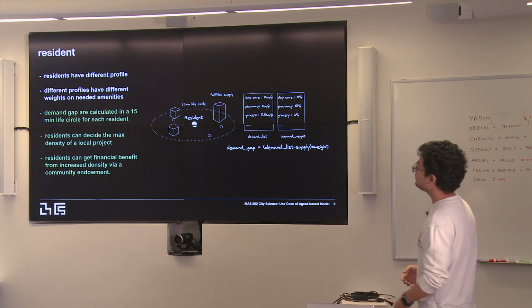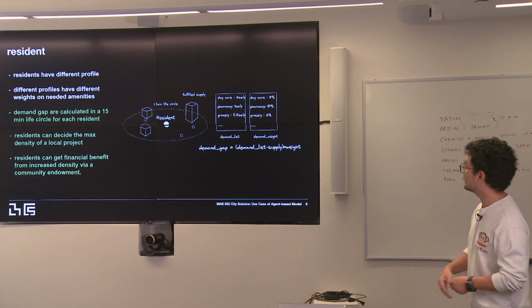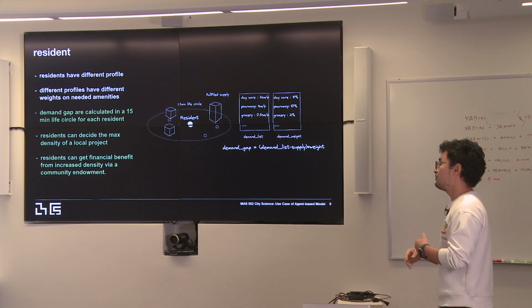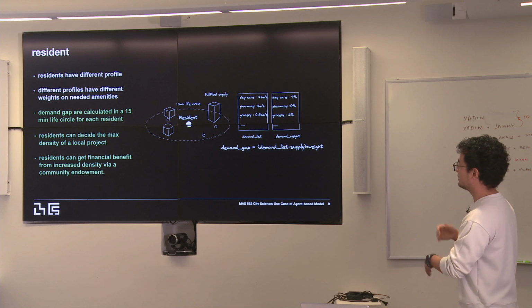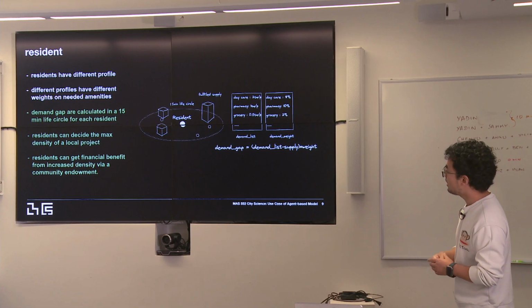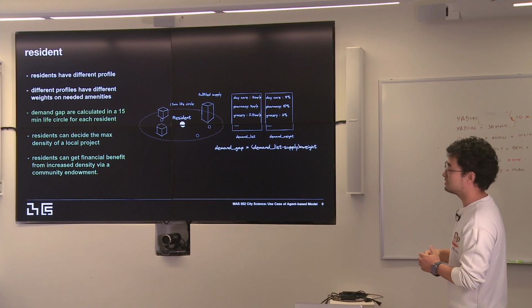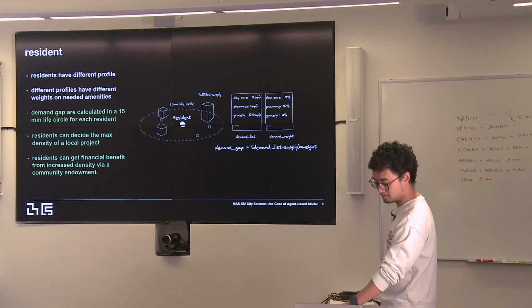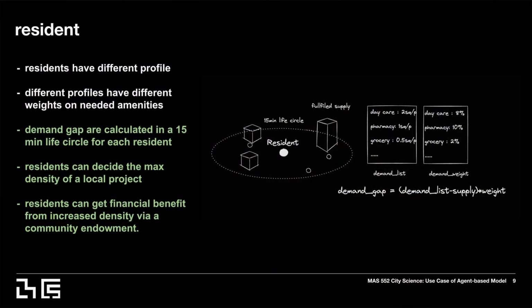So in this model, we have three roles, and you can see here, the items listed in white are the typical behaviors we already have in the zoning process, and the green items are changing behaviors that differ from the typical zoning process. First of all, every resident has a different profile, and different profiles have different weights on the needs for different amenities.